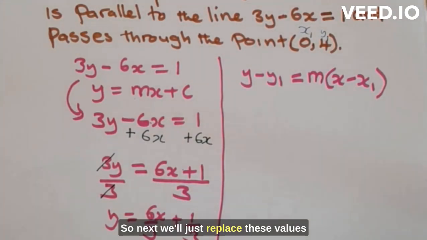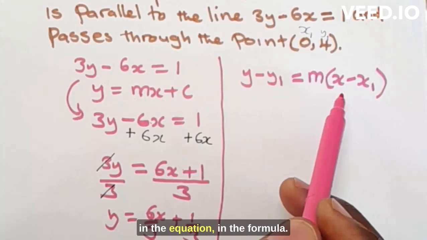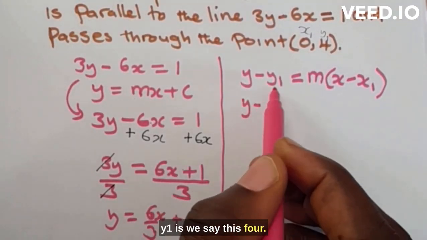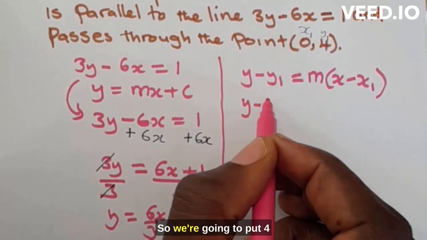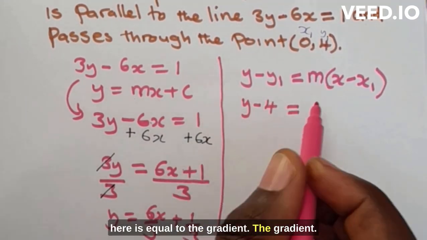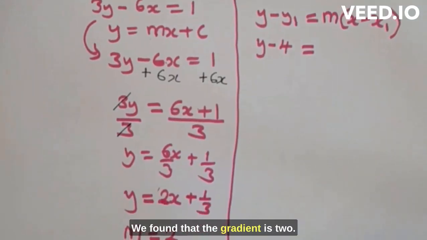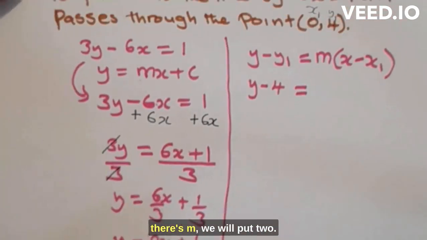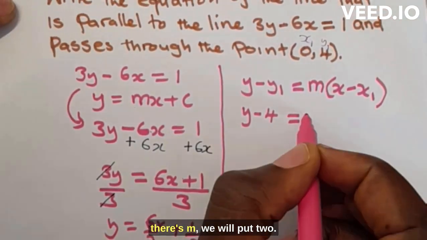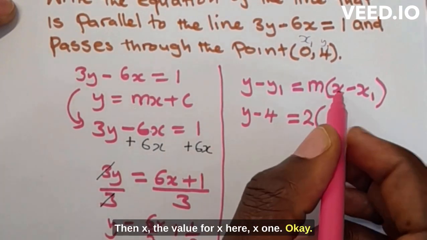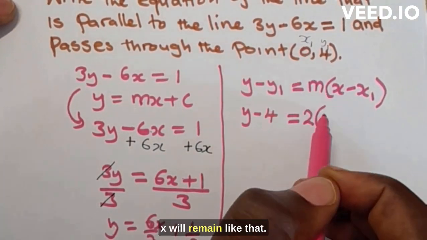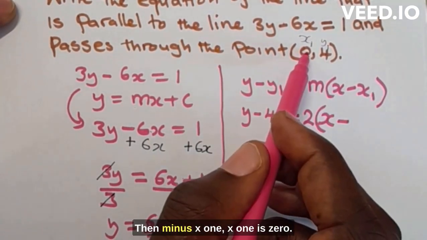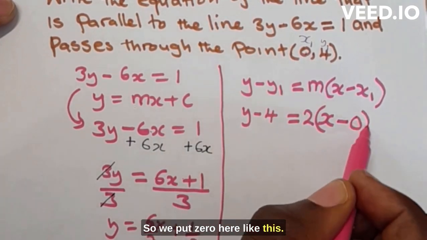Next we'll replace these values in the formula. We have y minus y1, which is 4, is equal to the gradient, 2, times x minus x1, which is 0.